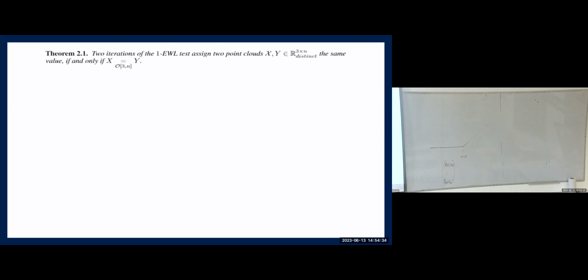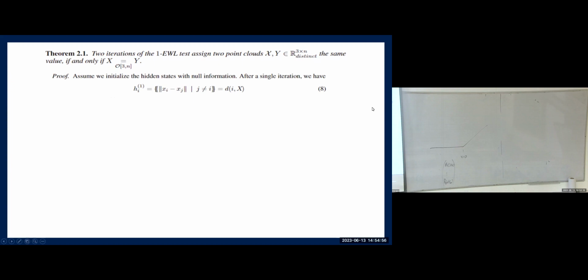Right, so the theorem says that after 2 iterations of one EWL, 2 point clouds receive the same color if and only if they are isomorphic. So why is this true? Even for the example we saw in the previous slide.